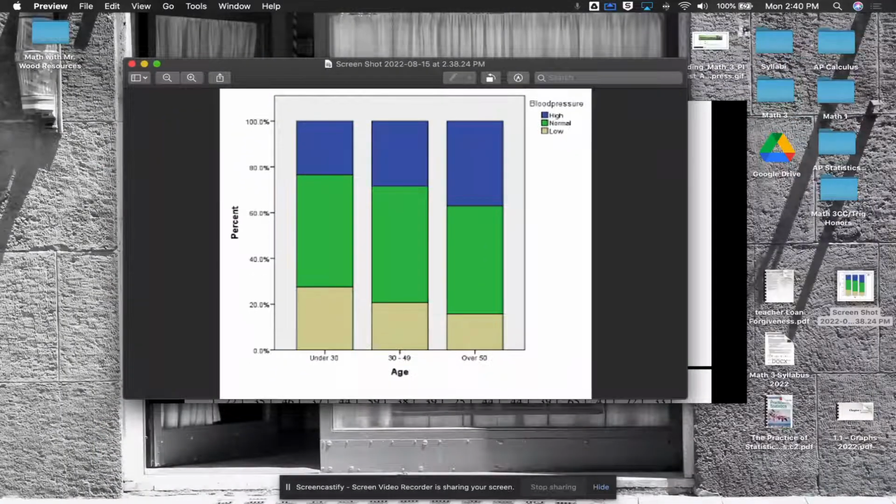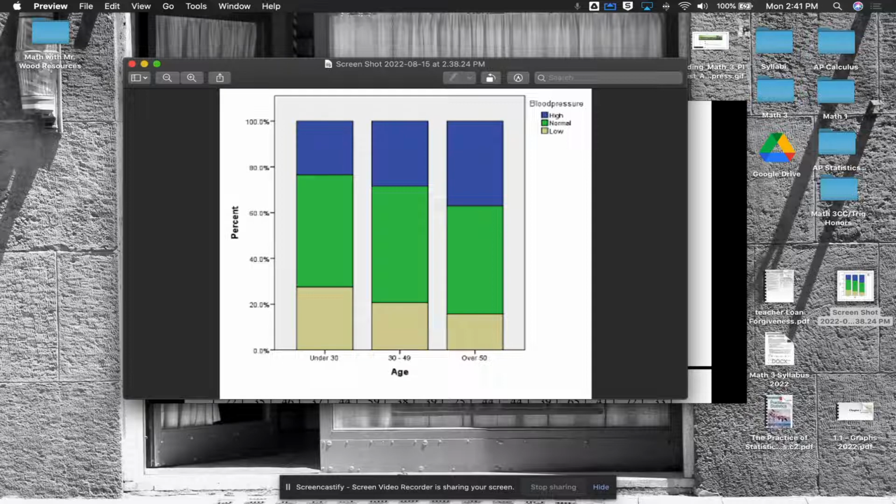This one right here is a bar graph, but it's a segmented bar graph. It just means it's broken up into segments. In this case, you have age down here and percent up here. It's blood pressure. So what percent of people, there's three categories: under 30, from 30 to 49, and over 50.